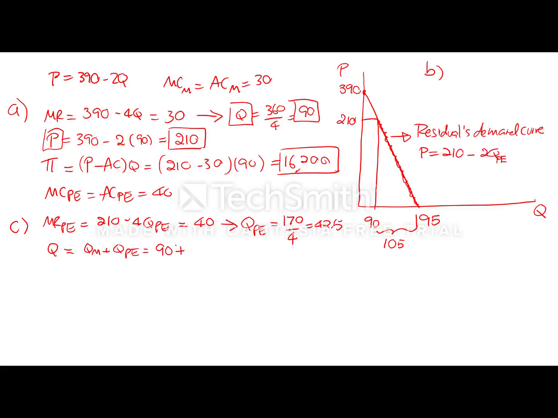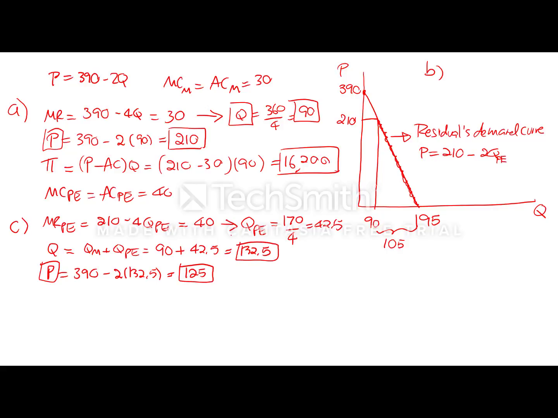So it's 90 plus 42.5, which is 132.5. Price is 390 minus 2 multiplied by 132.5, which is 125. So the new price is 125.